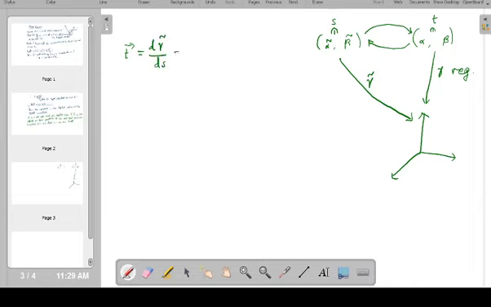By chain rule, d gamma tilde by ds is the same as d gamma by dt into dt by ds, which is d gamma by dt divided by ds by dt, because dt by ds is 1 by ds by dt.